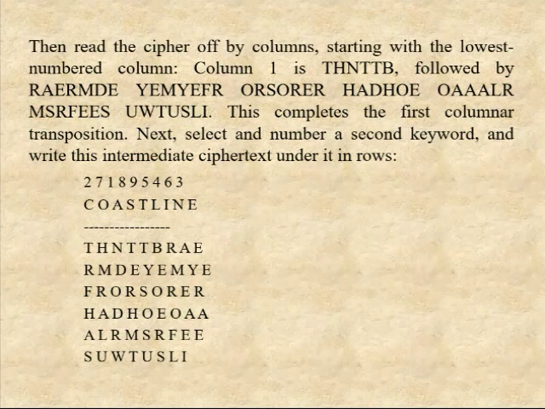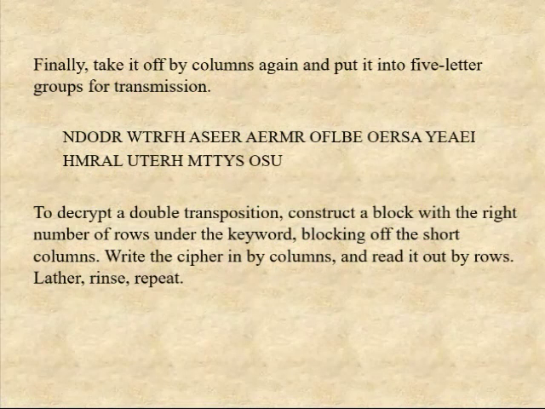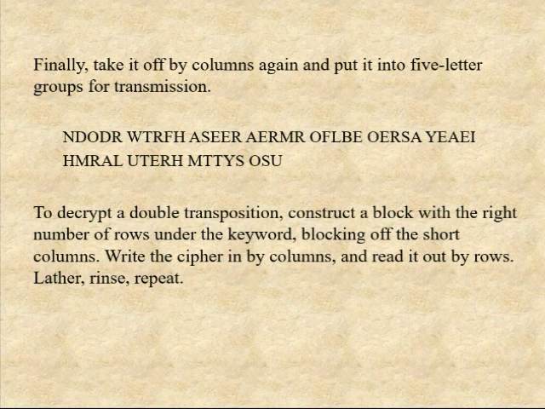Then finally take it off by columns again and put it into 5-letter groups. This is the final ciphertext of the double transposition technique.